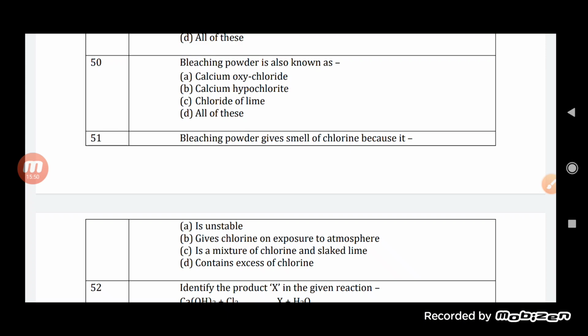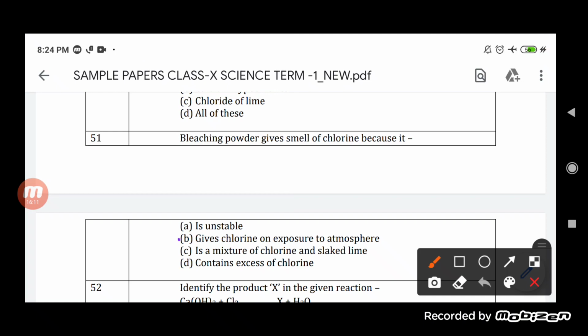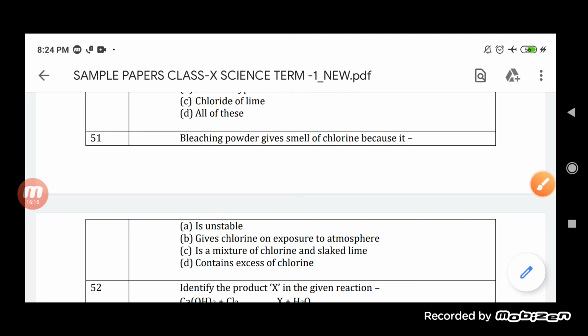Bleaching powder releases a gas, and that is chlorine gas, when it is exposed to the atmosphere. So the correct option is that it gives chlorine on exposure to atmosphere.